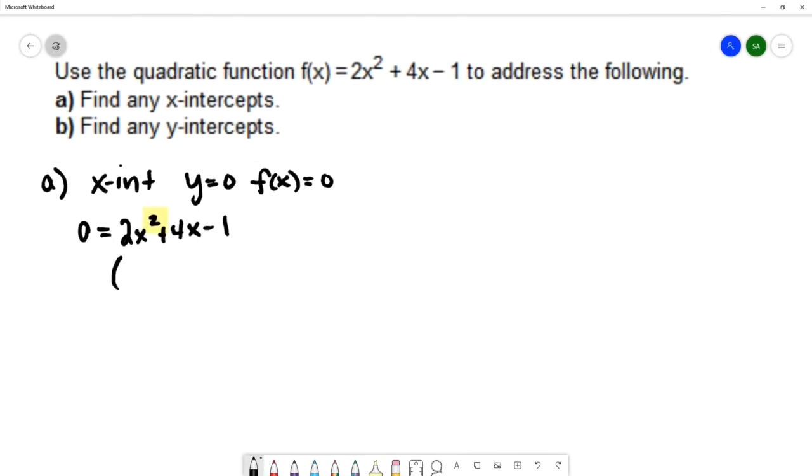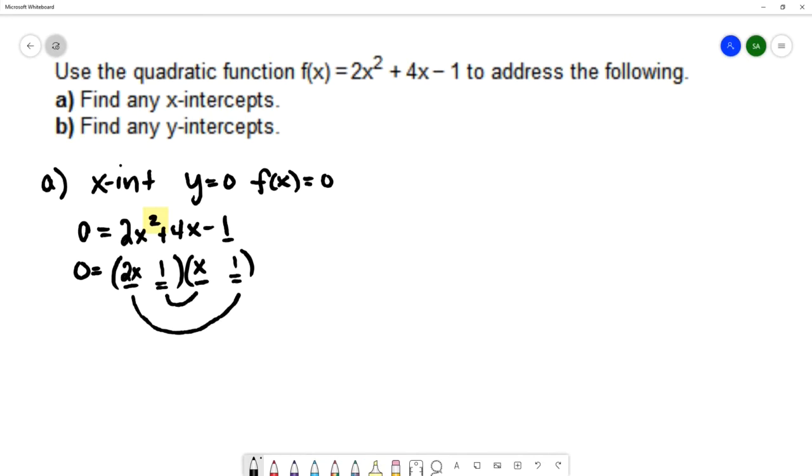So if I start to try to factor, in this first position I would need 2x and x. 2x and x would multiply to be 2x squared. And in this last position, in each binomial, I would need a 1 because 1 times 1 would give me the 1 on the end. And when I check, I'm going to check the multiplication for the outside and the multiplication for the inside to see if I get the middle term.